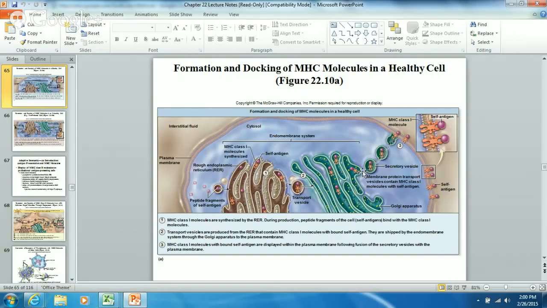Not to transport it, but secrete it. And that little vesicle floats out here to the cell membrane, and then it releases it onto the cell membrane. And then the cell membrane takes that MHC class 1 molecule along with the self-antigen that's attached, and attaches it to the actual cell membrane so that the self-antigen is being presented on the outside of the cell.